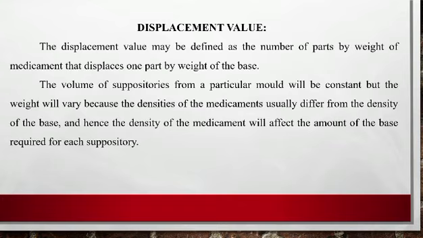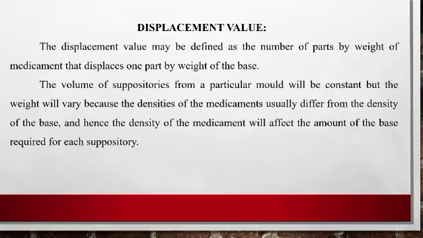The volume of suppositories from a particular mold will be constant, but the weight will vary because the density of the medicaments usually differs from the density of the base. Hence, the density of the medicament will affect the amount of base required for each suppository. Because the base we choose for each suppository mold will be equal in shape, but the medicaments we use for the preparation of certain suppositories will differ in density from the bases.